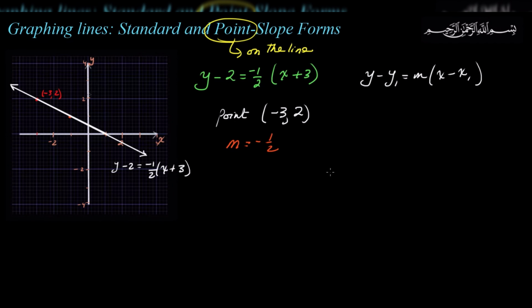As a review before we finish, there are 3 ways to write equations of lines. The first is the standard form, ax plus by equals c, and the way you graph this is you make a baby table of intercepts. Here's x and y, and you substitute 0 for x and solve for y, and then substitute 0 for y and solve for x, and you have the two points, and then you can use that to graph.